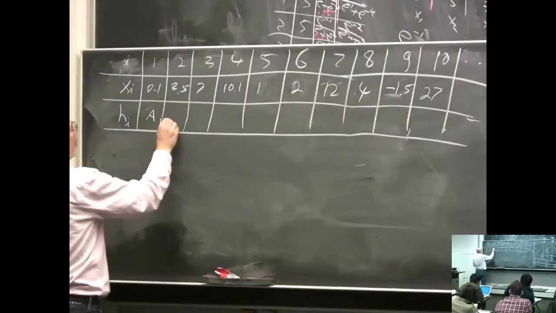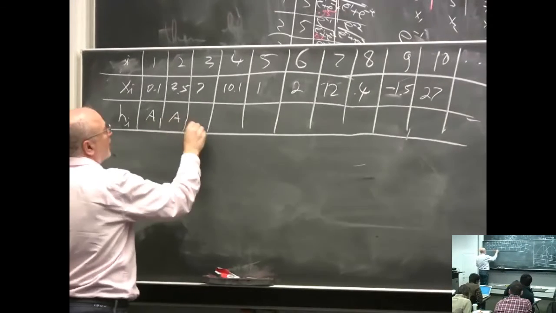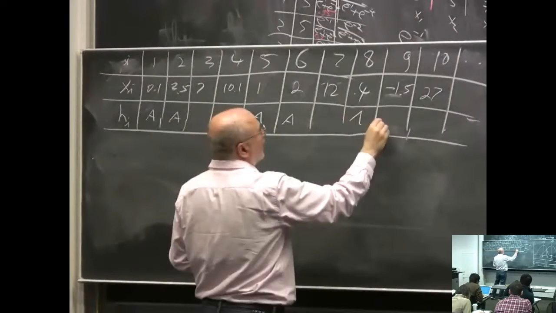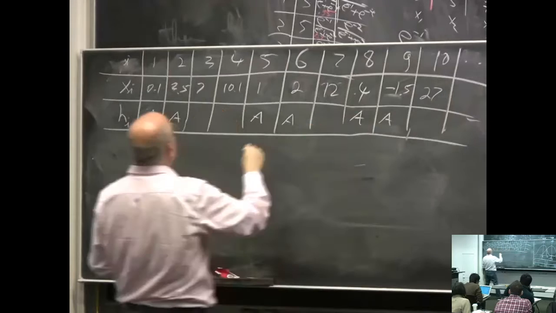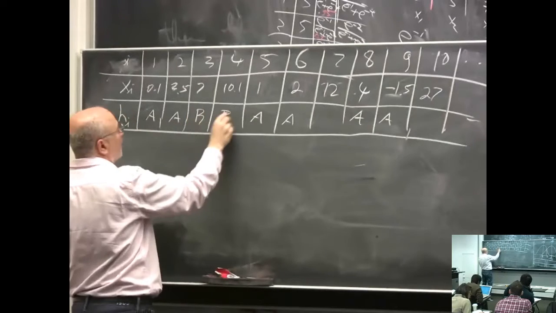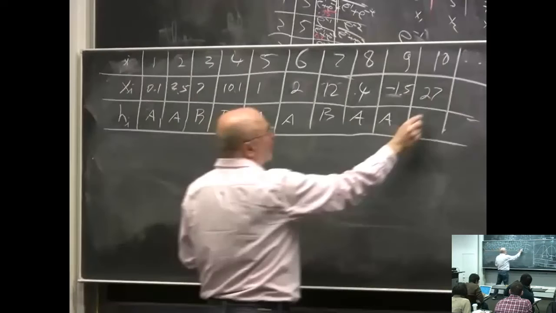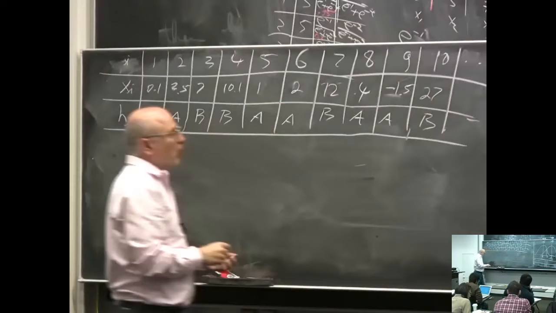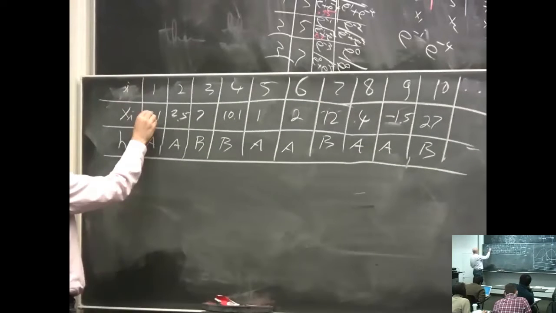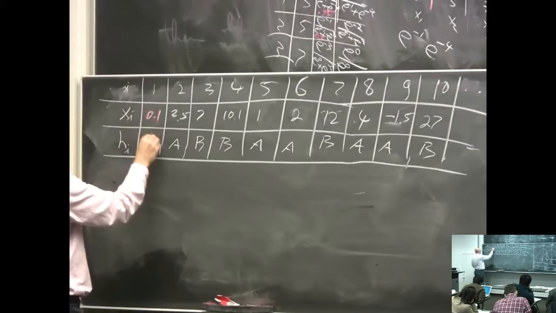A, A, A, A, A, A. This was B, B, B, B. What do I do now? I take all the points that came from A and I color them red.